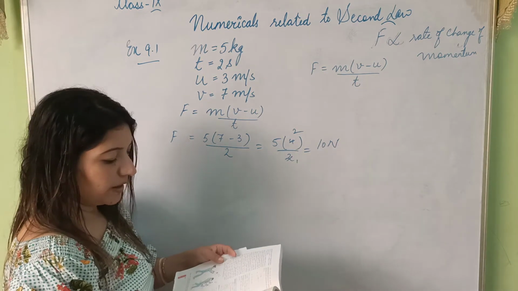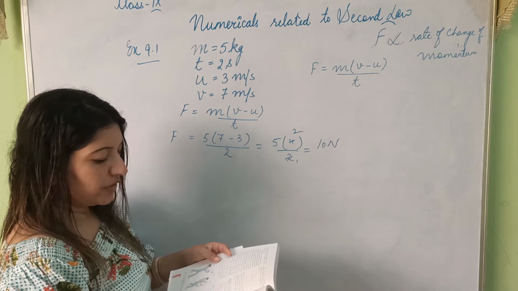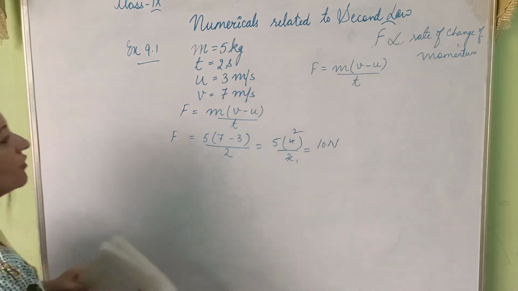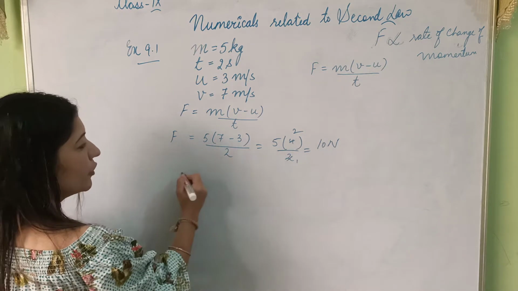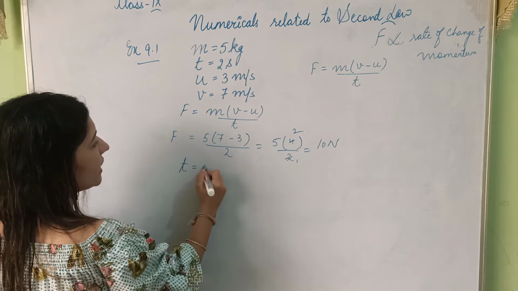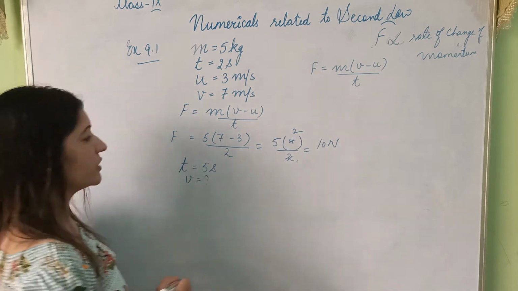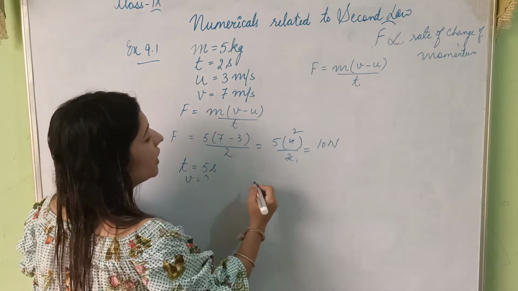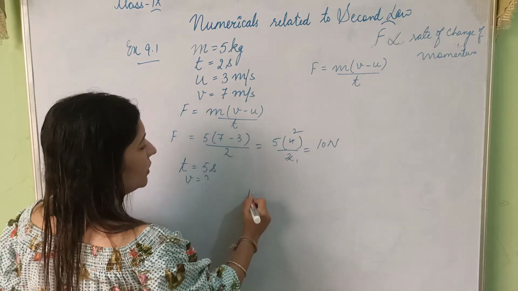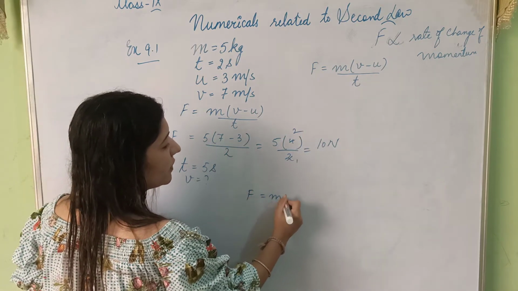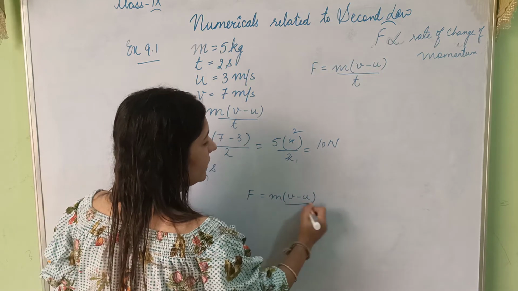Now we have the second part of the question also. If the same force is applied for a duration of 5 seconds, you need to find the final velocity. Final velocity is v. So using this formula only, F is equal to m(v minus u) by t.